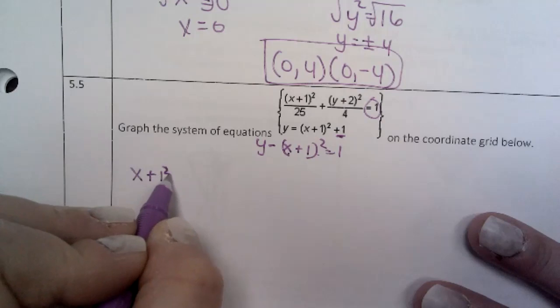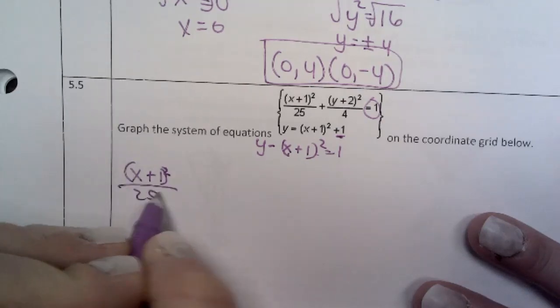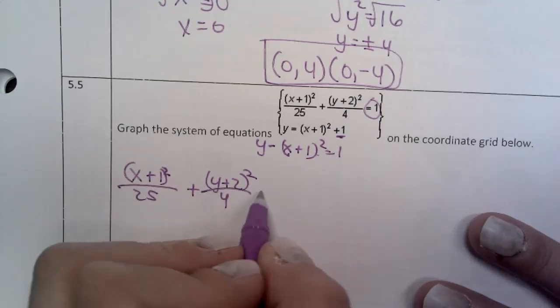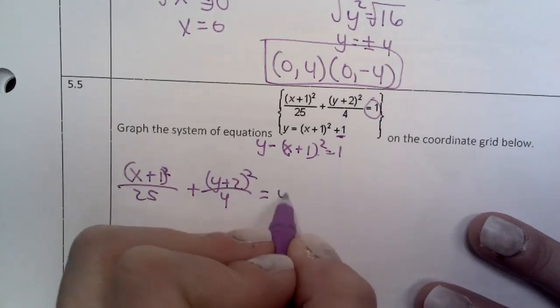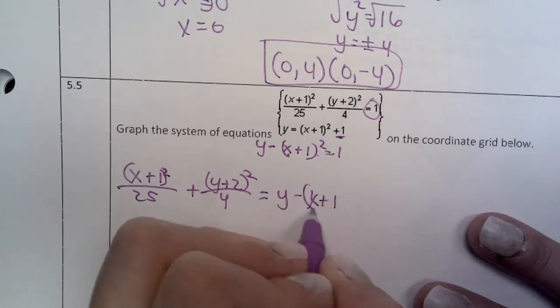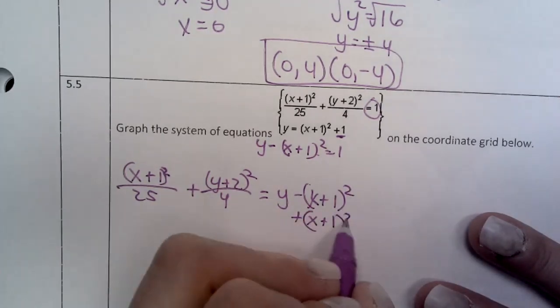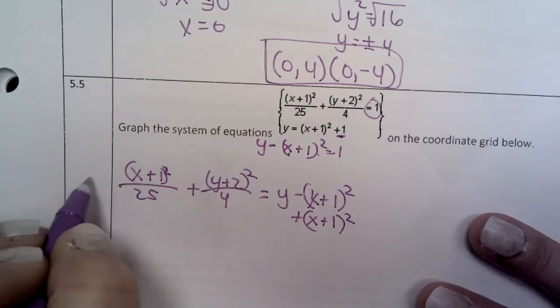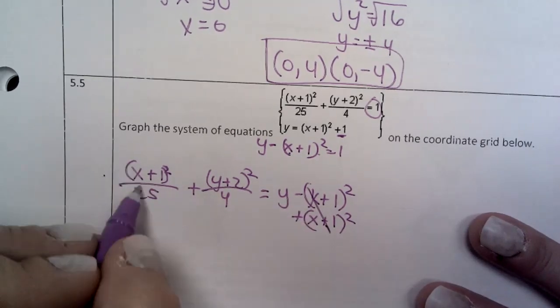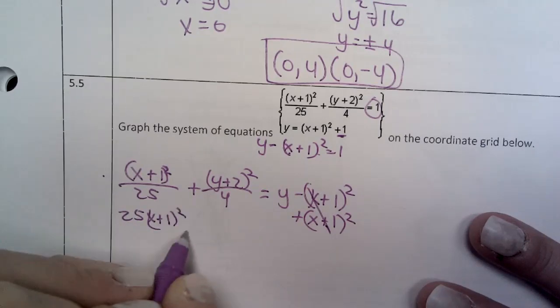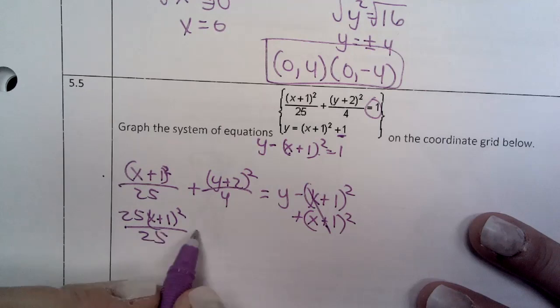So x plus 1 squared over 25 plus y plus 2 squared over 4 equals y minus x plus 1 squared. I'm going to add x plus 1 squared to both sides. In this case, it's going to have to add 25 times x plus 1 squared over 25.